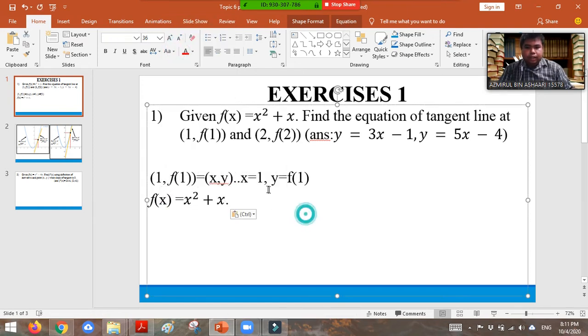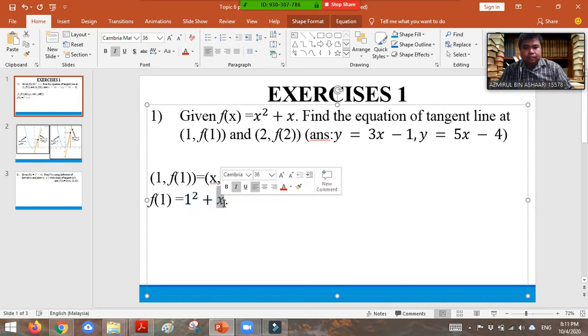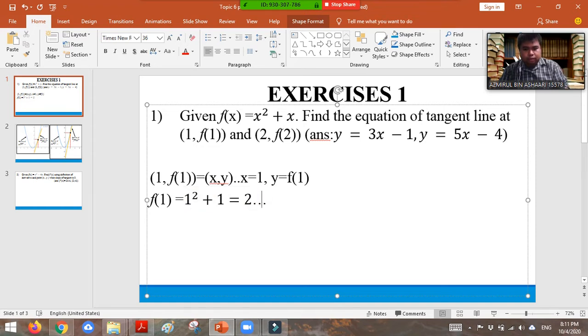We know that x equals 1, so f(1) is equal to 1 power of 2 plus 1, which is equal to 1 plus 1, which is equal to 2. So now you get the point (1, 2), where x equals 1 and y equals 2.